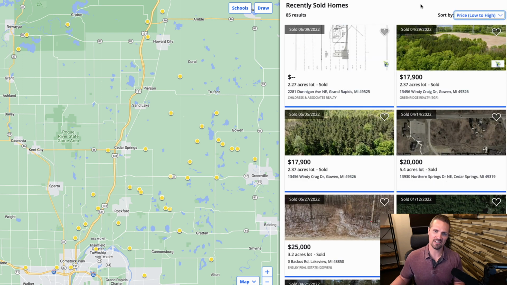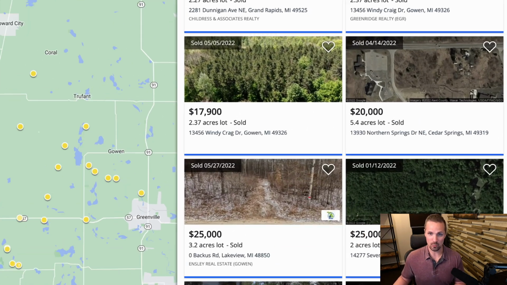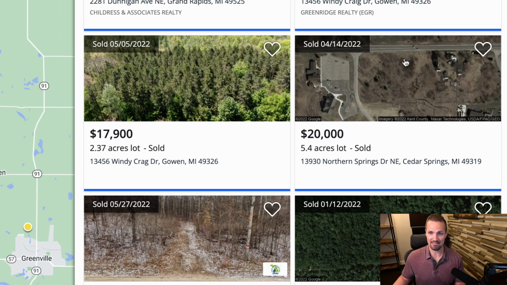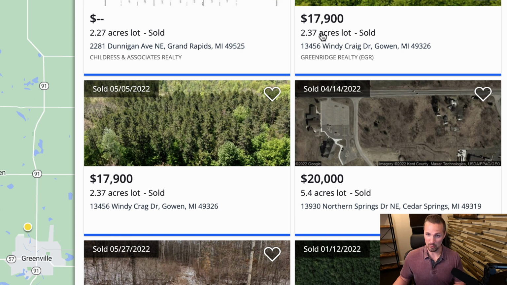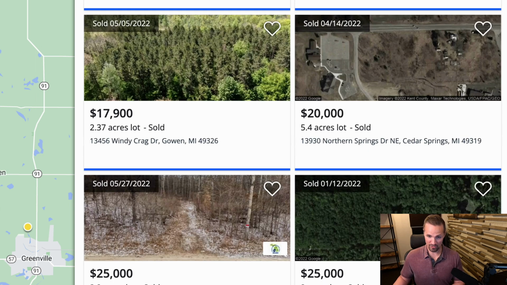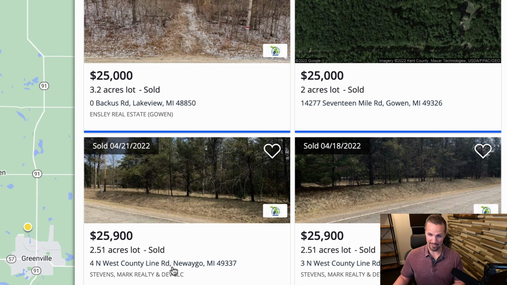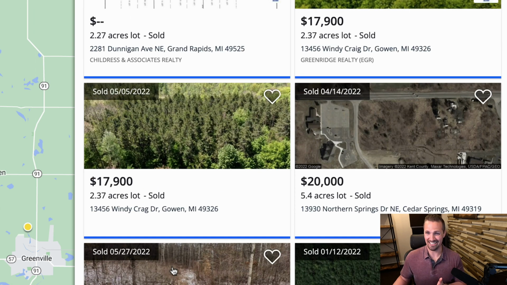Say our subject property was a 5-acre property and we only see this one property right here in the list that is close to 5 acres, whereas these other ones are 2.37 acres, 3.2 acres, 2.51 acres. They're not 5-acre properties. So are they similar enough? If those were our only options, we could do the math and reverse engineer this and figure out, okay, what is this 2.37 acre lot worth on a per acre basis based on this price?